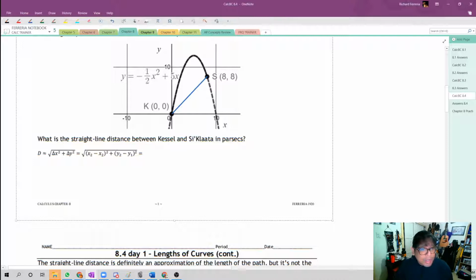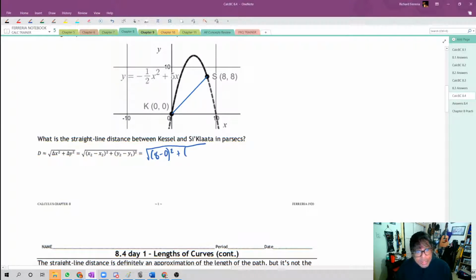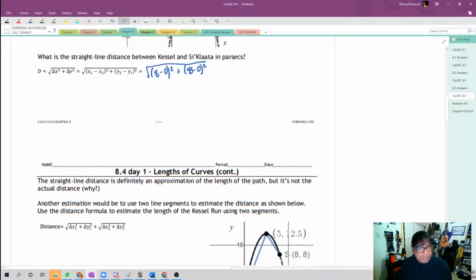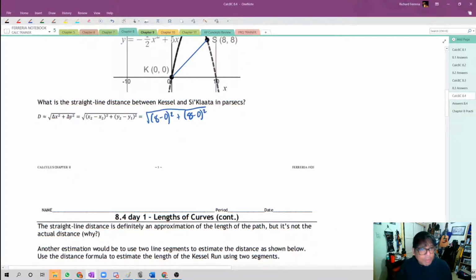So what do we have here? Our difference of x's is 8 minus 0 squared, plus the difference of y coordinates is 8 minus 0 squared also. Okay, so that works out kind of nicely. I suppose we should get a number here for this.